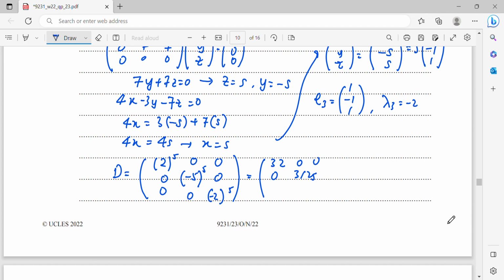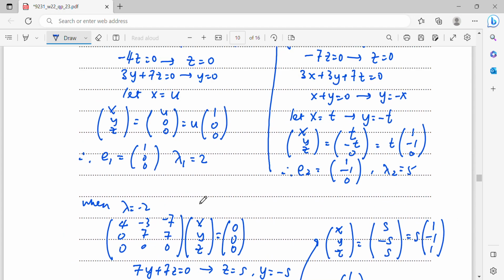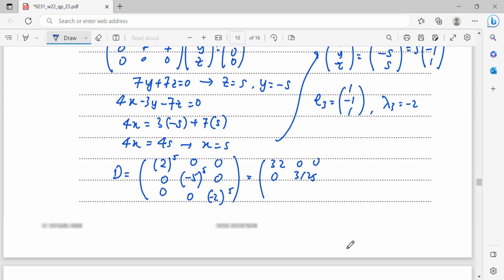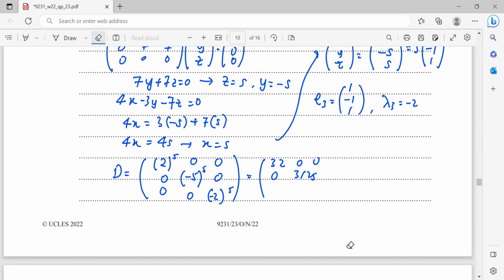Let me check, okay, sorry. 2, 5, minus 2. So this is 5, not minus. Then here 0, then 0, 0, negative 32. This will be the matrix D, which is a diagonal matrix.